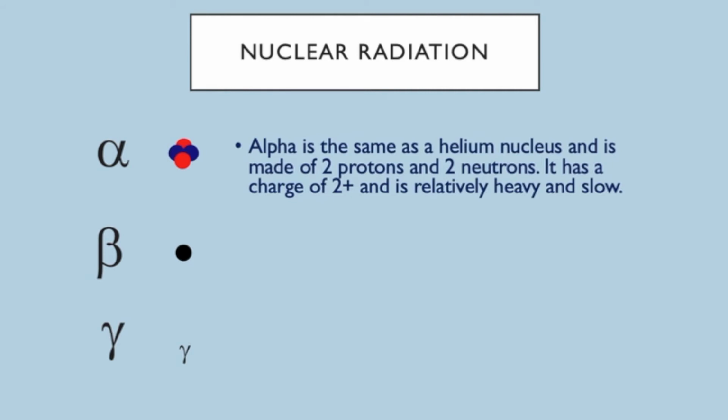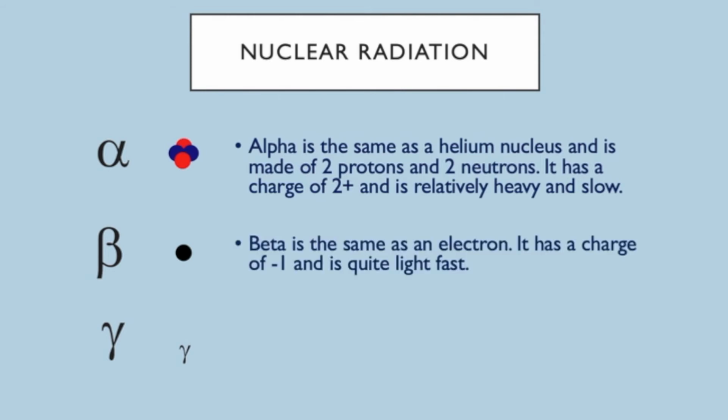So alpha is the same as a helium nucleus. It's made of 2 protons and 2 neutrons, and so because of that it's got a charge of 2+, and is relatively heavy and slow. Beta, as we've said, is the same as an electron. It's got the charge of -1 and is quite light and fast. These are relative charges.